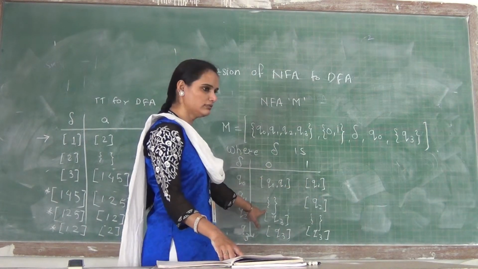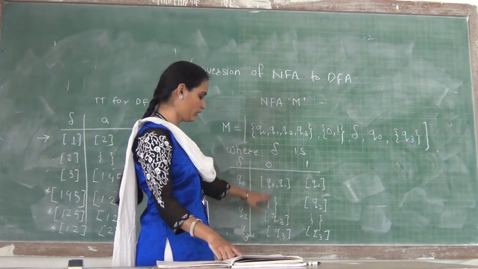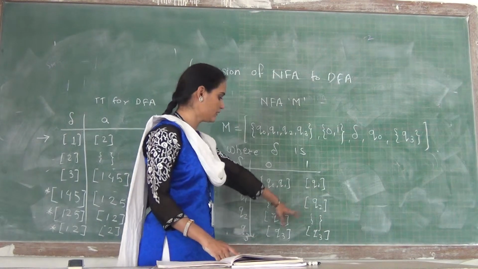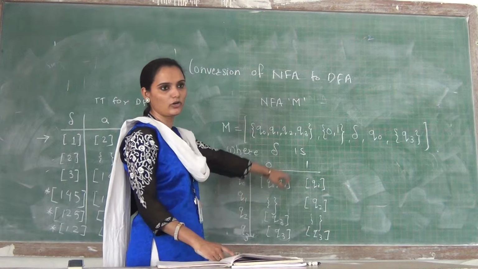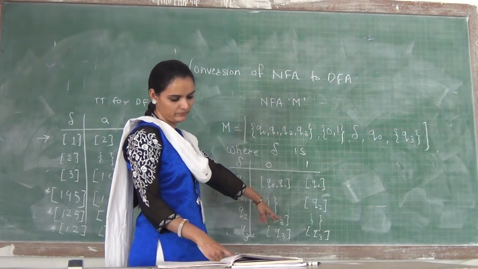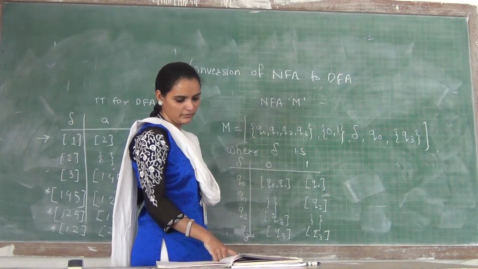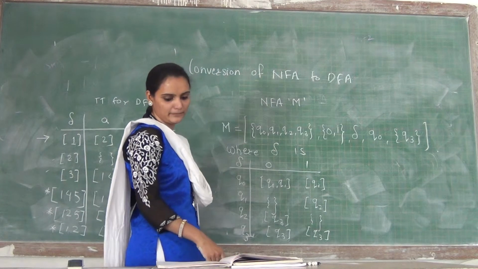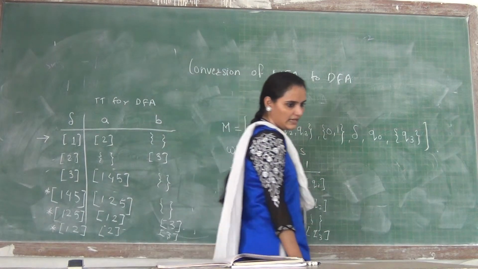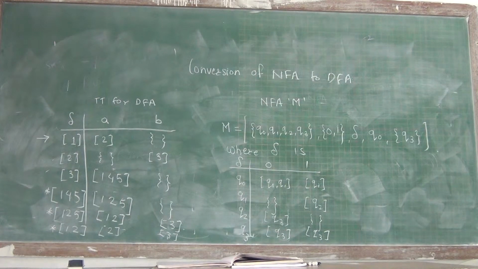Q1 on 0 null, on 1 it goes to Q2. Q2 on 0 it goes to Q3, on 1 it goes to null. Q3 on 0 it goes to Q3 and on 1 again it goes to Q3. Okay. Draw the NFA and convert it into its equivalent DFA.